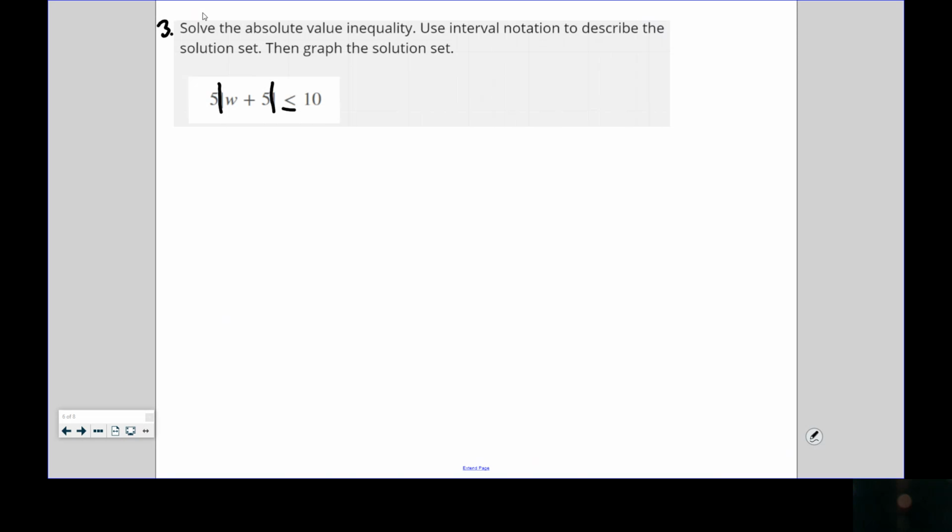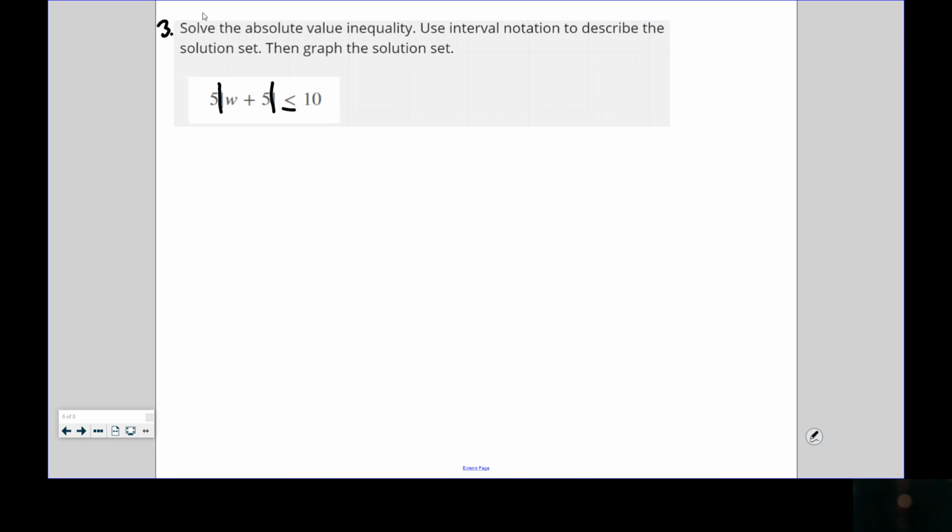So the way that absolute value inequalities work is that you have to have the absolute value by itself before you start using the formula. So how could we get the absolute value by itself? How do we get rid of that 5? Divide by 5. Now, how do we know to divide?